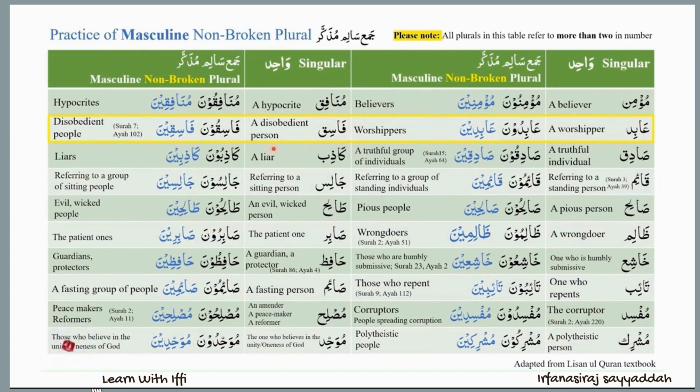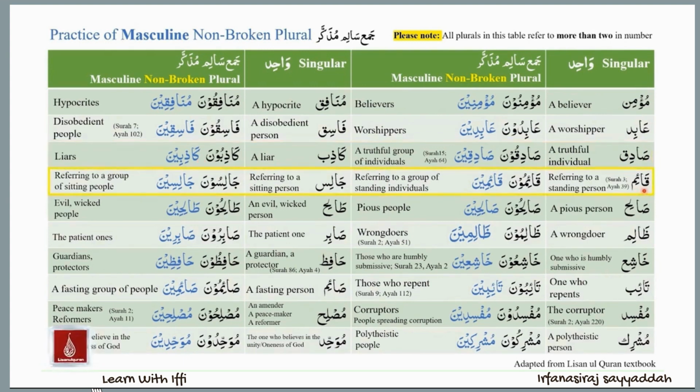And the plurals are fasiquna, fasiqina. Sadiq is a truthful person. And the plurals are sadiquna, sadiqina. Kazib is a liar. And for more than two liars, we will use the words kazibuna or kazibina.